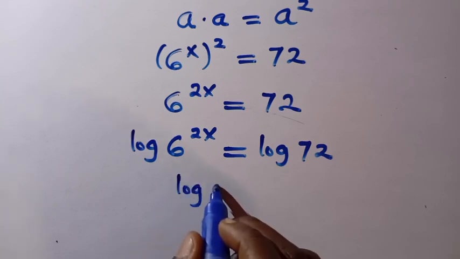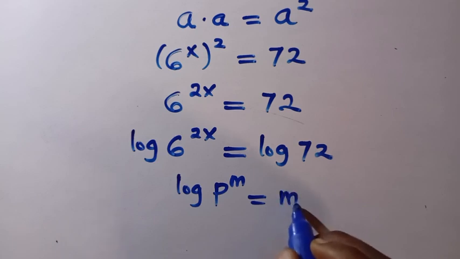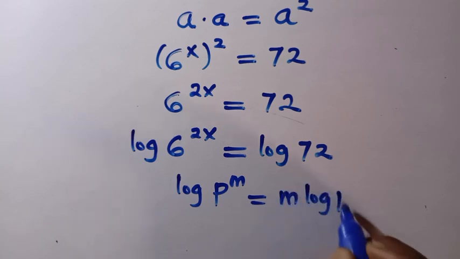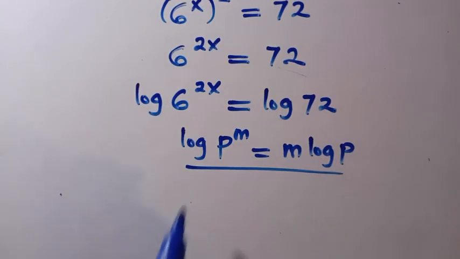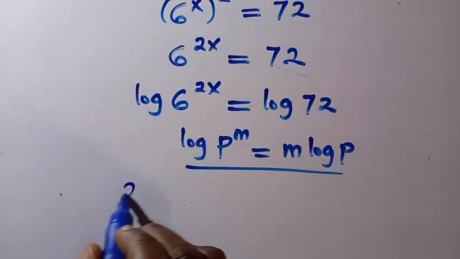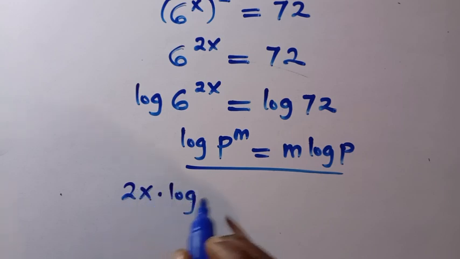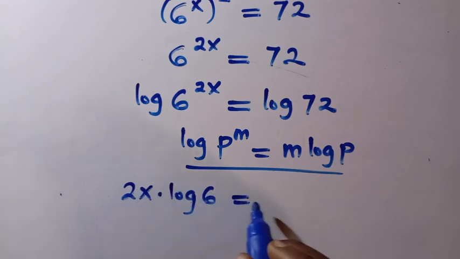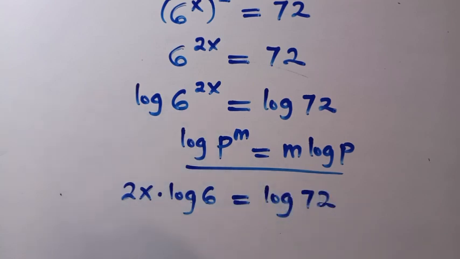If you have log p raised to power m, it is equal to m log p. So this is the expression we are going to apply. Therefore, our 2x becomes like this. We have 2x multiplied by log 6 equals log 72.